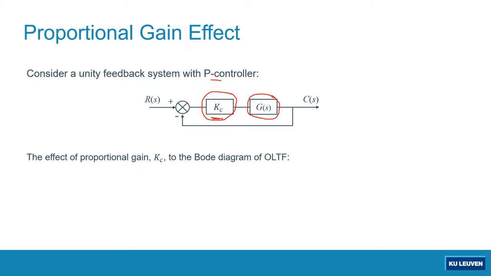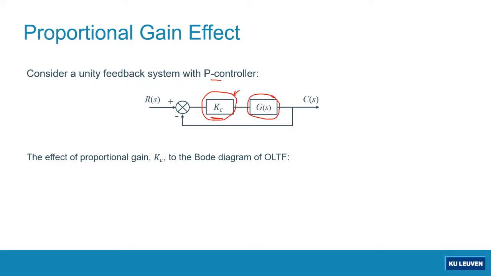If we take a deeper look at the Bode diagram of the open loop transfer function of this unity feedback system, the proportional gain in our proportional controller, Kc here, because again Kc is a scalar value, the effect of introducing proportional gain here, if you change the proportional gain from, let's say, initially you haven't tuned your proportional controller, you haven't tuned the proportional gain Kc, so initially, let's say Kc is equal to 1.